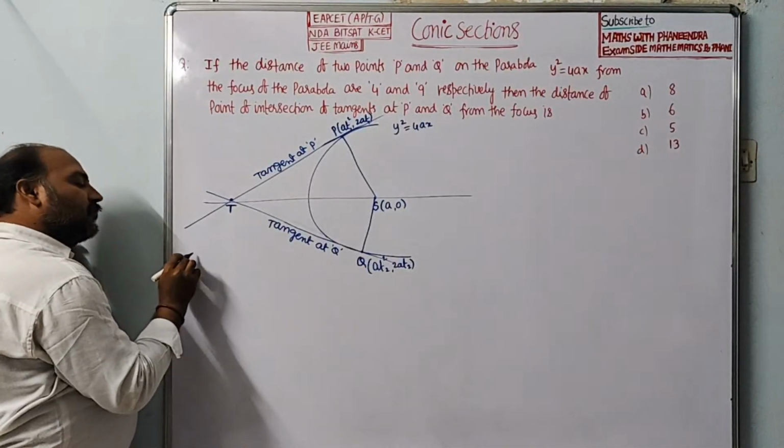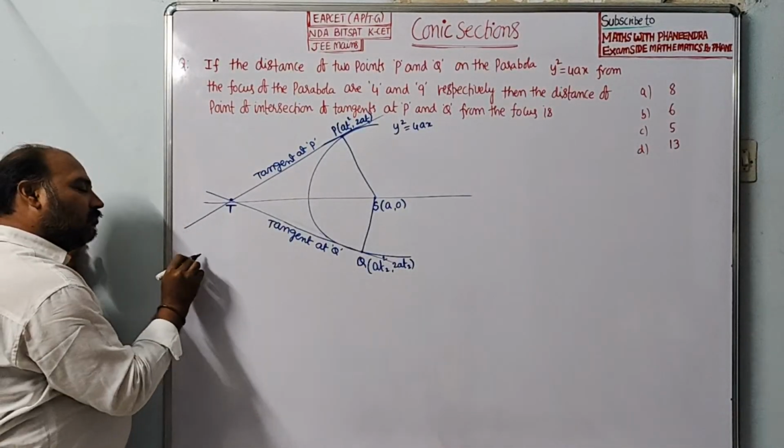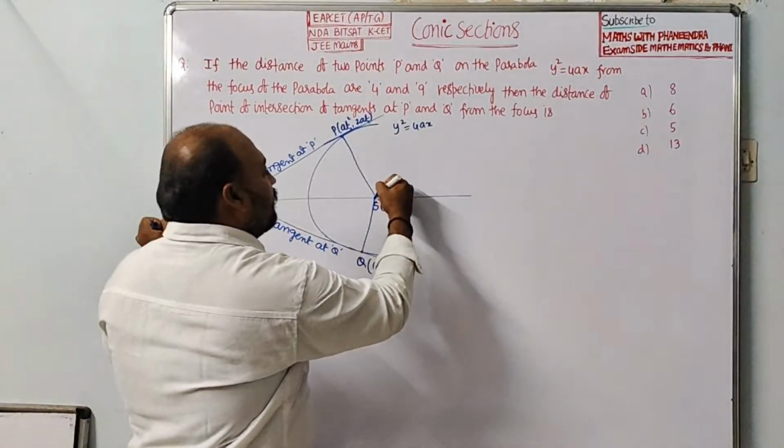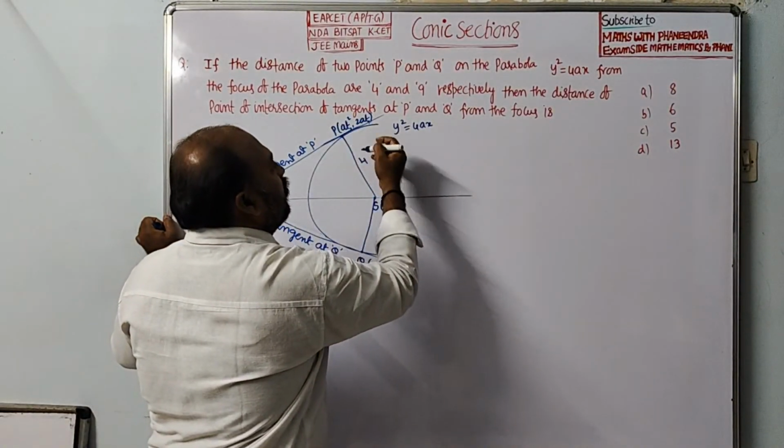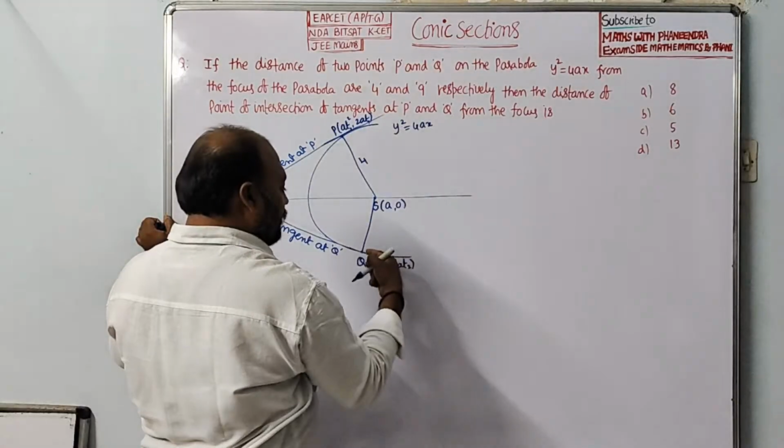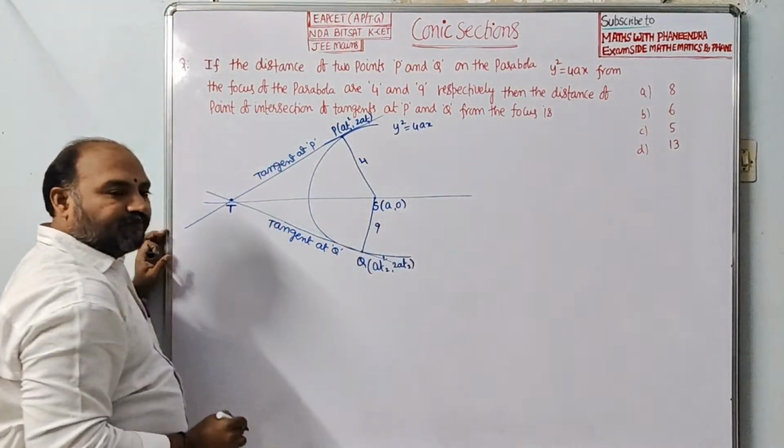Here, one of the properties in parabola: the distance from focus to point P is given as 4 and the distance from focus to the point Q is 9.